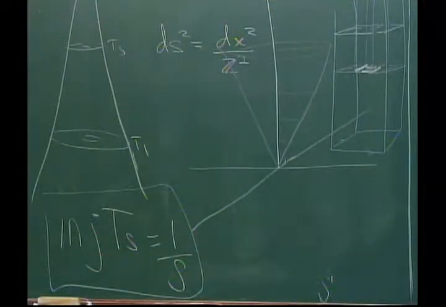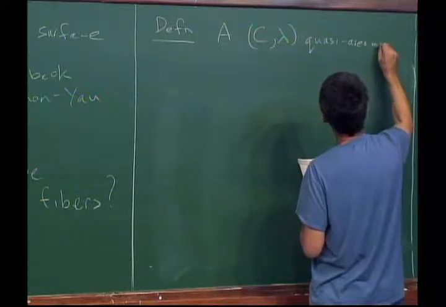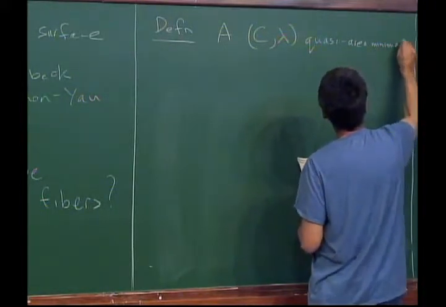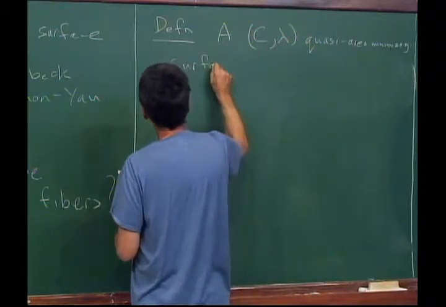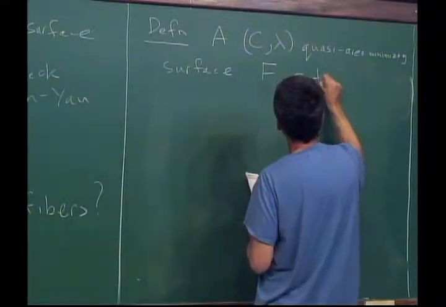Okay, so let me give a definition now. We've heard of quasi-geodesics earlier today. We can make a similar definition for minimal surfaces. We'll say that a C lambda quasi-area minimizing surface F satisfies two conditions.